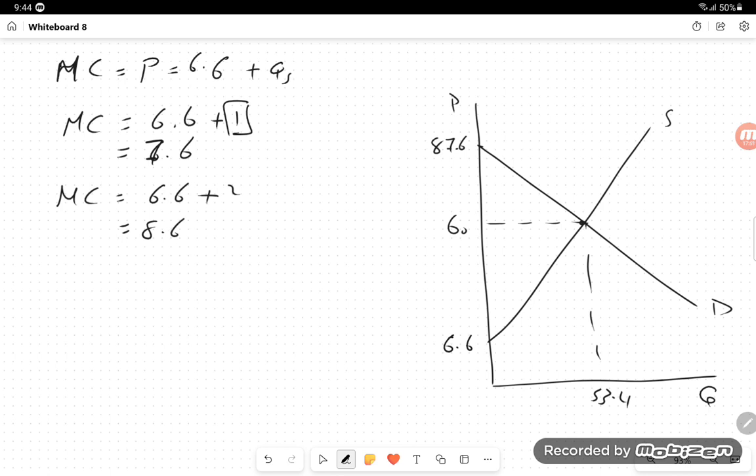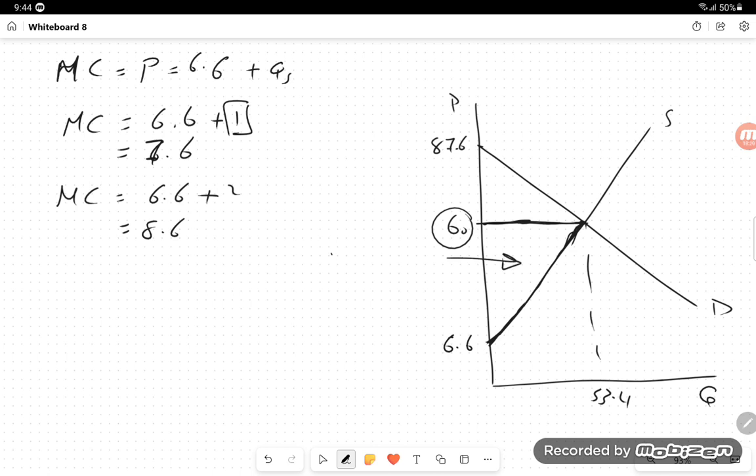So this is the marginal cost for 1 unit or for 2 units and so on. But this product will be sold for 60. So the difference between the price suppliers are able to produce at, or the marginal cost, and the actual price in the market is the producer surplus.